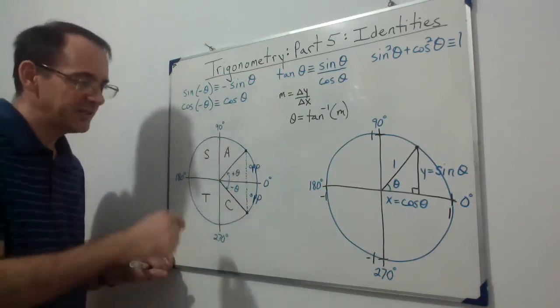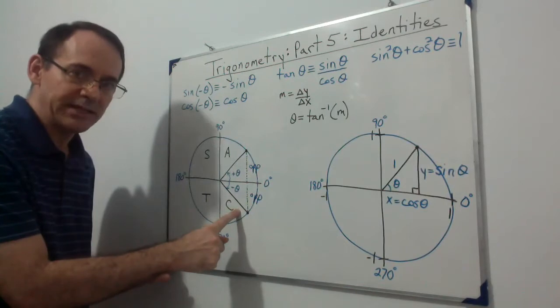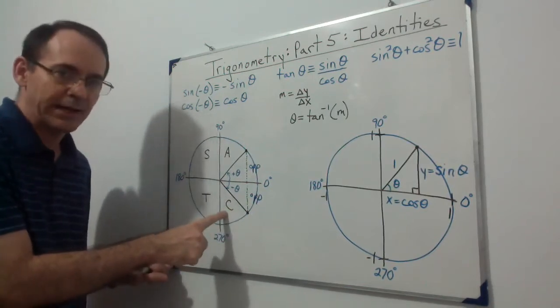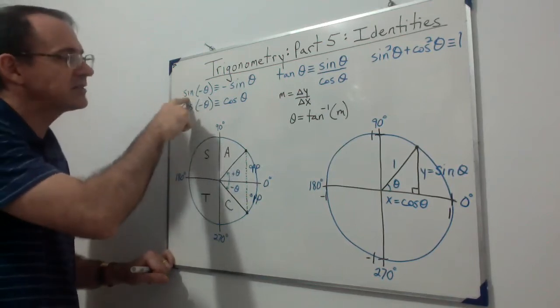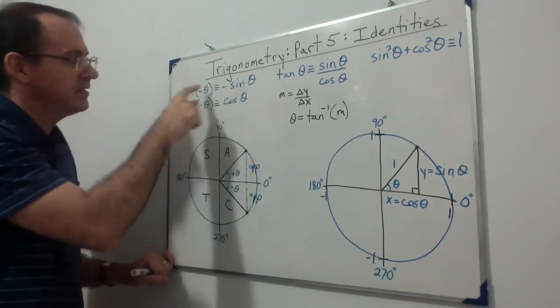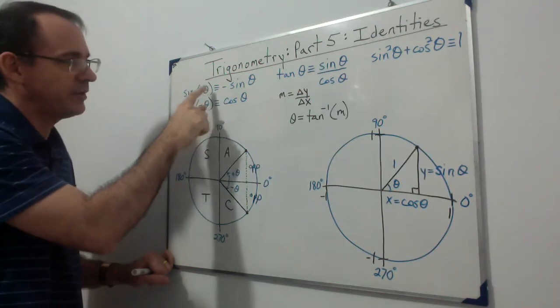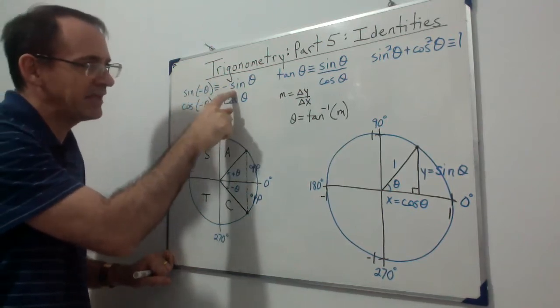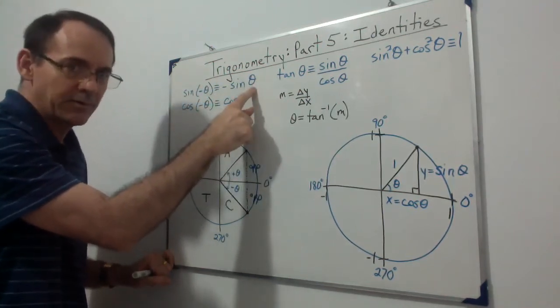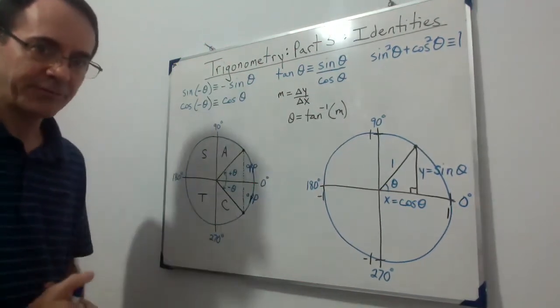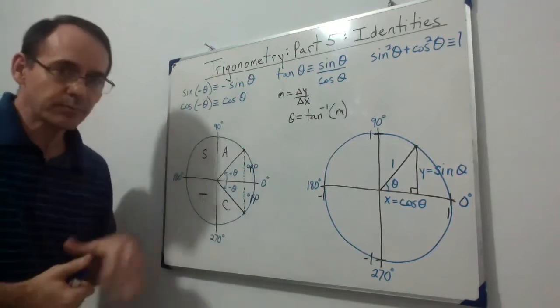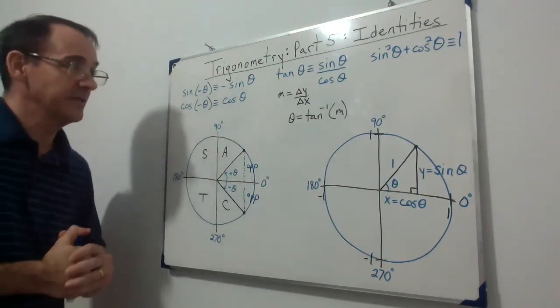So a tangent in the fourth quadrant will be negative. Only cosine is positive. So tangent of a negative theta will act just like sine. Tangent of a negative theta will be the same as a negative tangent of theta. So tangent follows the same thing as the sine function does with respect to positive and negative angles.